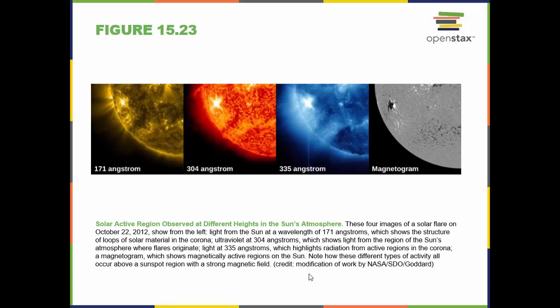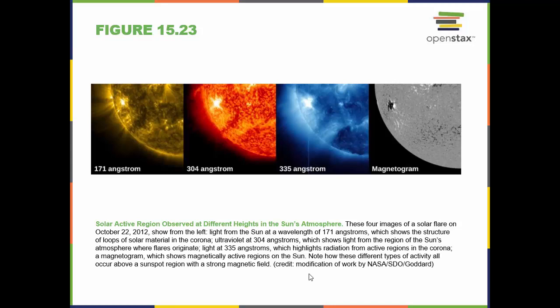We view this solar activity with different regions of the spectrum. So for instance, here we see 4 images of the solar flare taken on October 22nd of 2012. And if we start from the left, we have light from the sun at a wavelength of about 171 angstroms.